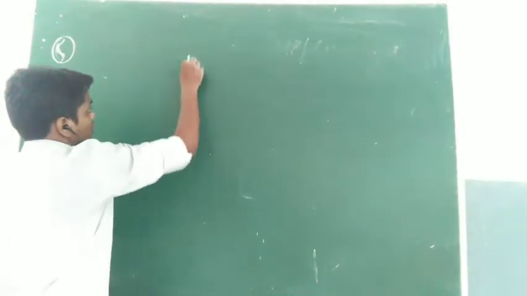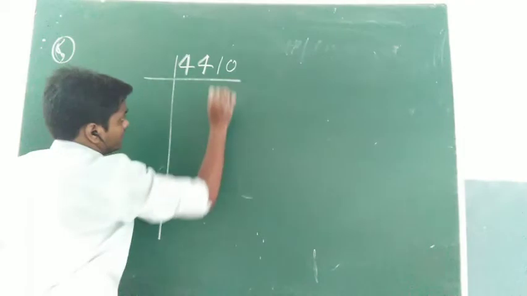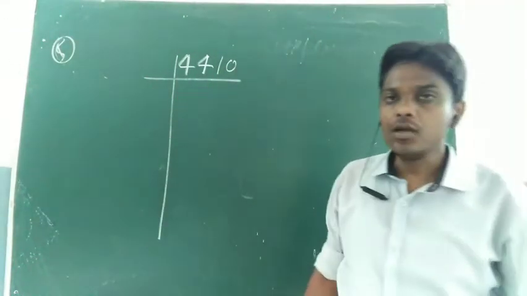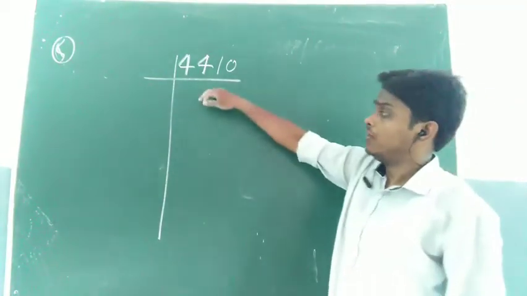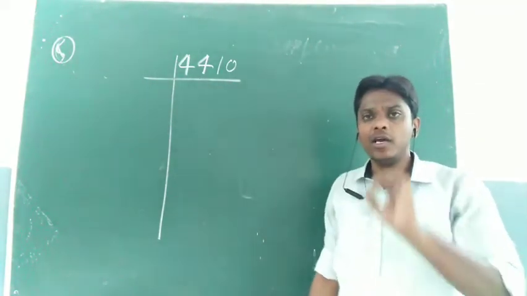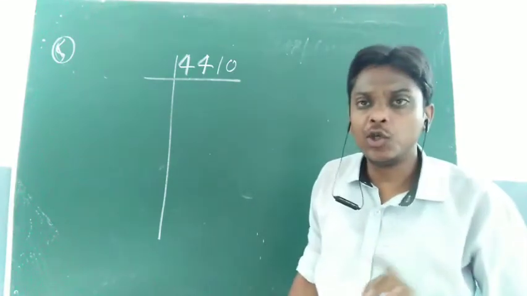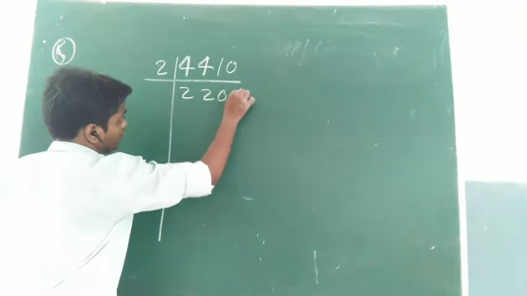I will tell you the prime factorization of 4410. Listen, here you will get the advantage of divisibility. First of all, we observe that this number is divisible by the smallest prime number, that is 2. 2 into 2205.